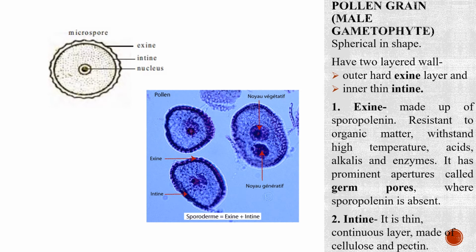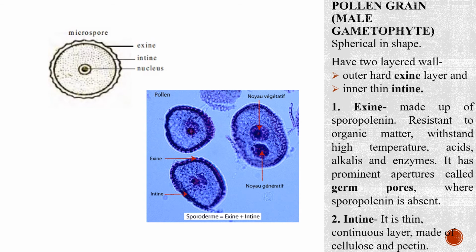Pollen grains are covered by two wall layers called the sporoderm. The two layers of sporoderm are the outer exine, which is made up of highly resistant sporopollenin. This sporopollenin layer helps the pollen grains to overcome unfavorable conditions because sporopollenin is resistant to high temperature, acidic conditions, alkaline conditions, and so on.